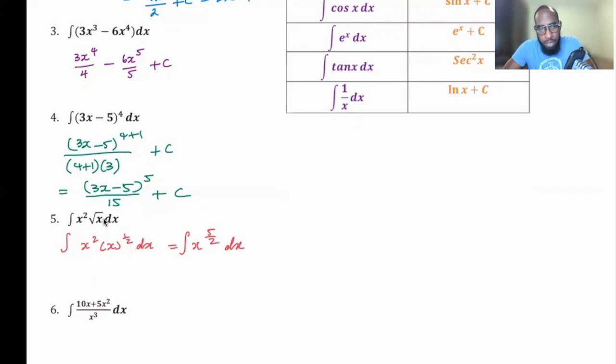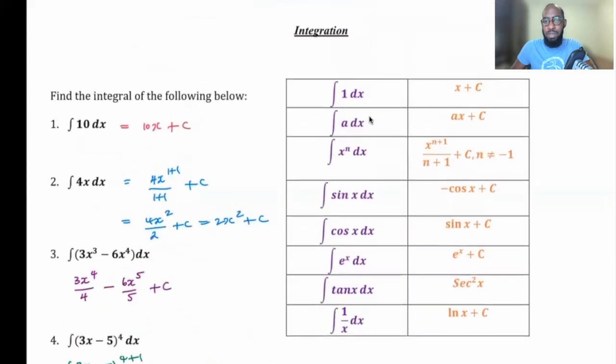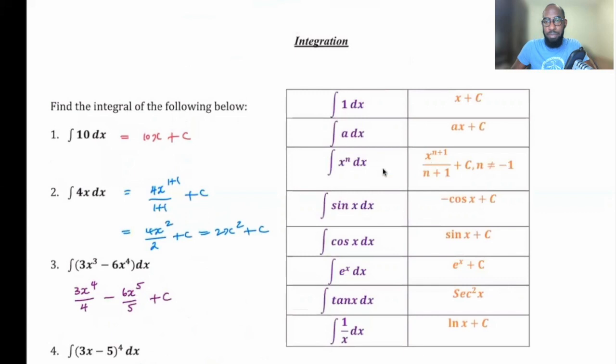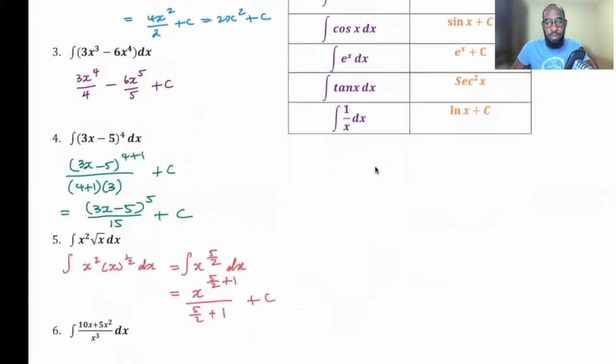From here, we made the question a lot easier to deal with. So we simply say x to the 5/2 plus 1 divided by 5/2 plus 1, plus c. It's the same format as before.